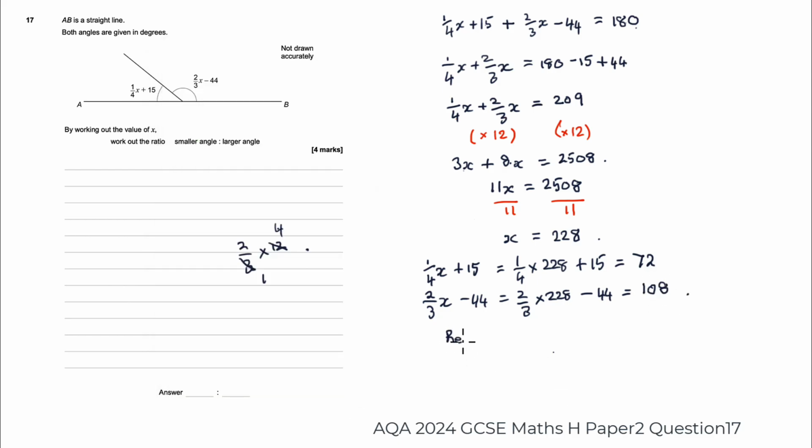So required ratio, smallest angle 72, largest angle 108. So it's 72 to 108. Now 9 goes into both of these. 9 eighths are 72, and 9 into this goes 12. And 4 goes into each of these. So we can simplify it to 2 to 3, but that would give you full marks.